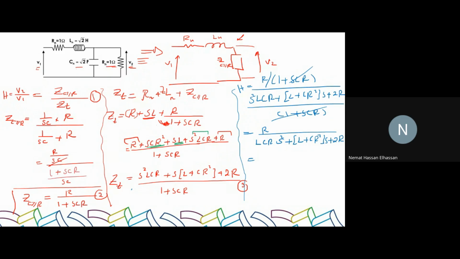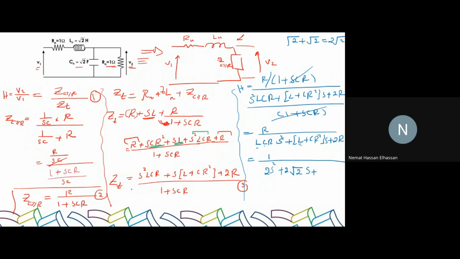We said R is equal to 1 divided by L times C times R, which is 2, S squared plus L is square root 2. CR squared is square root 2. So square root 2 plus square root 2 is equal to 2 times square root 2, right? So 2 times square root 2 S plus 2R.